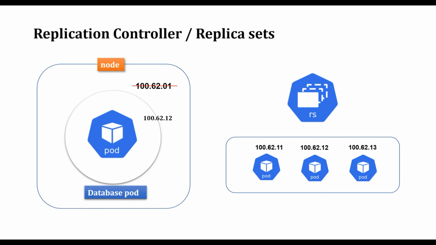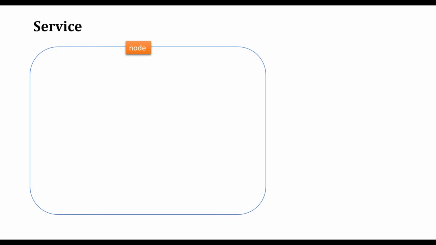You can create as many replicas as you want for a specific pod, and you need to specify this at the time of creating the deployment object. I will talk about the deployment object in a moment. So far we understand how this replica set works, right? If any pod goes down or crashes, it will immediately be replaced with a new pod with a new IP address. Now let's move to the next component, that is service.